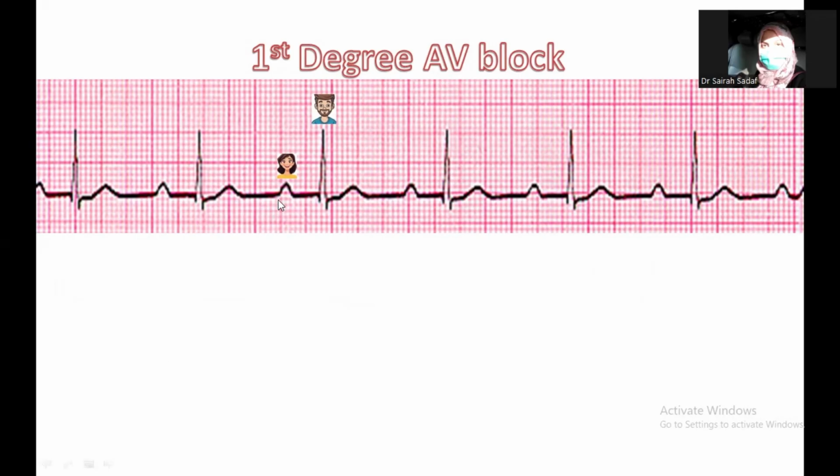The wife is still there, but the husband has started coming home late. The PR interval is prolonged. The QRS complex appears a little late, but it is fixed. Previously he was coming at 8 o'clock, now he has started coming at 9 o'clock.